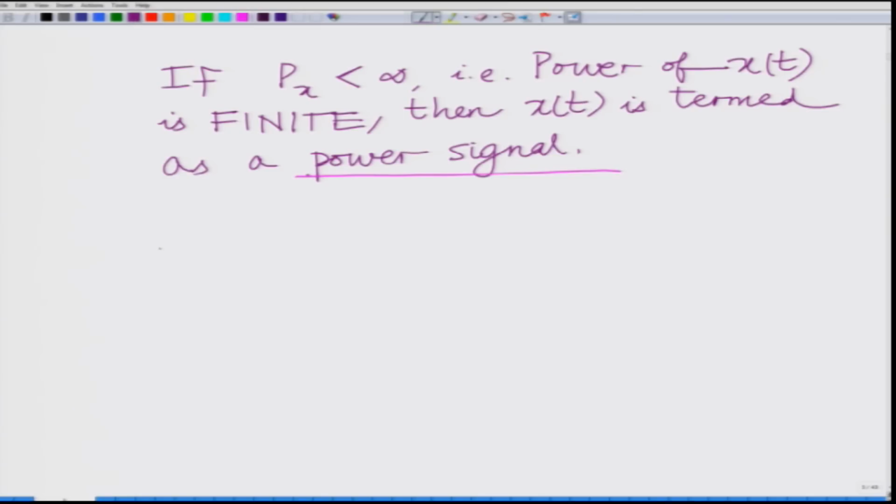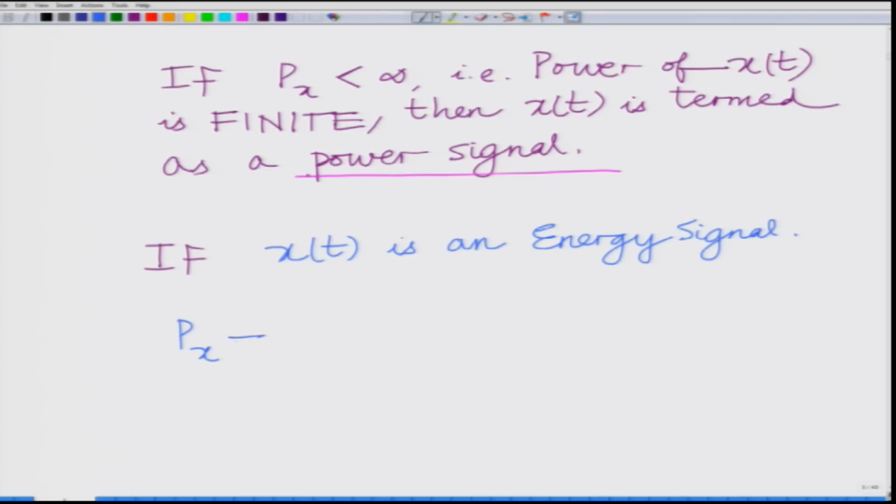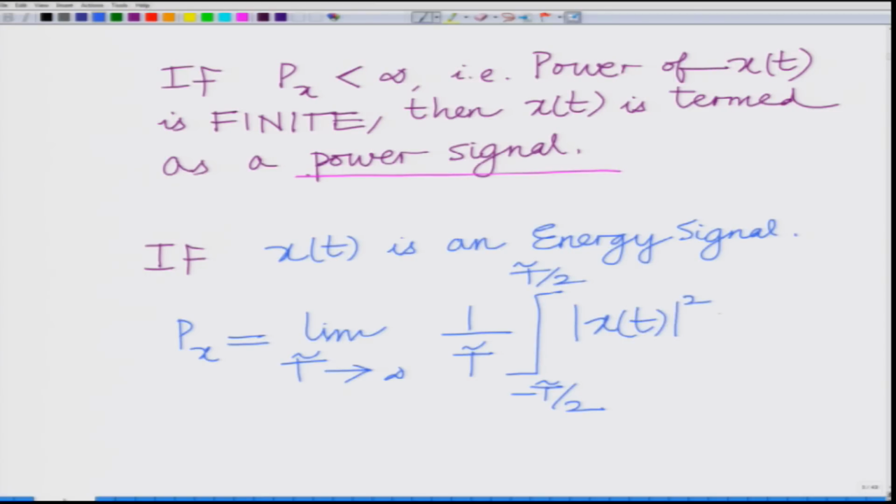Okay. Now, observe an interesting property. If the energy is finite, that is, if x(t) is an energy signal, then the power Px equals limit t tilde tending to infinity of 1 over t tilde times the integral from minus t tilde divided by 2 to t tilde divided by 2 of magnitude x(t) squared dt.